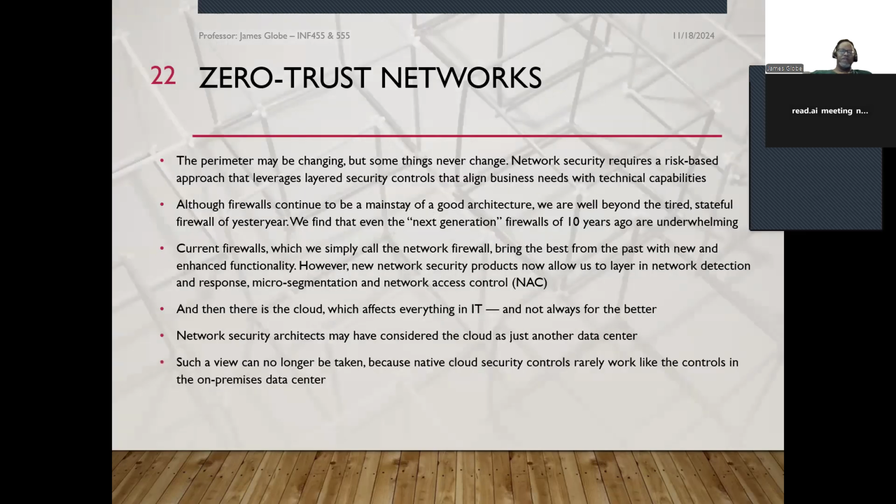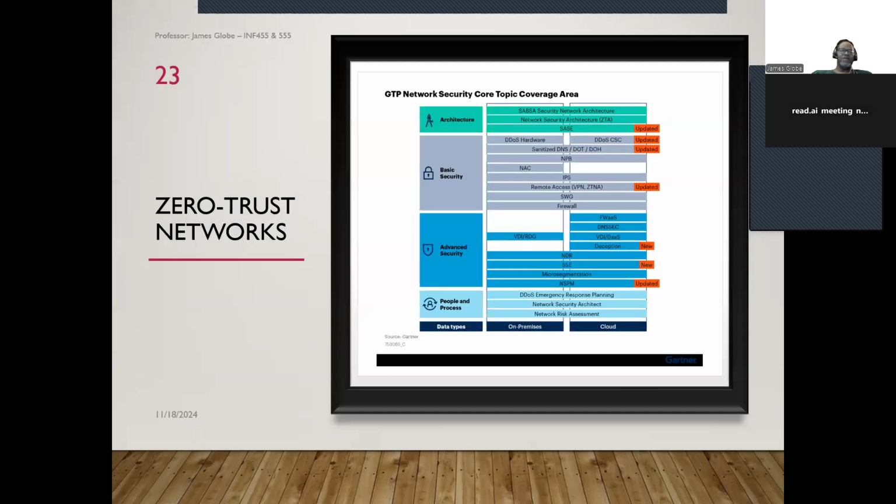So that's what these next slides are really all about, that whole concept of zero trust, the history of it. Again, this is the Gartner topical area or approach. Whether you're on-prem or in the cloud, the process is the same, that you can provide basic security.